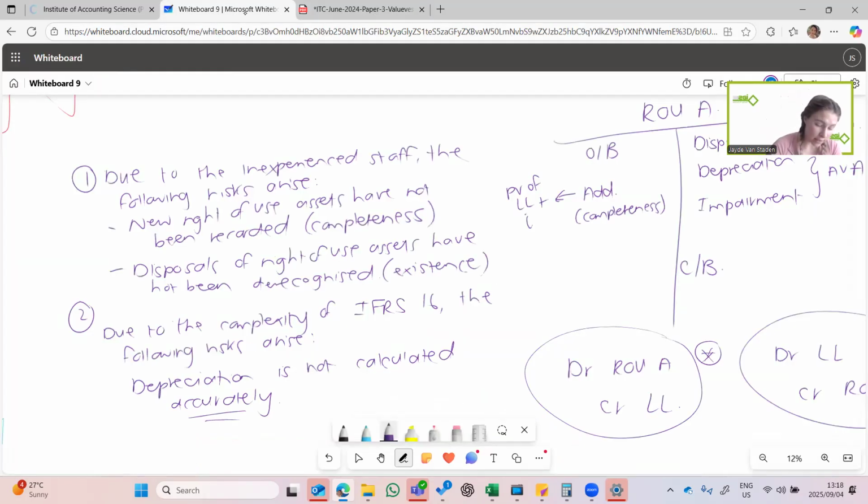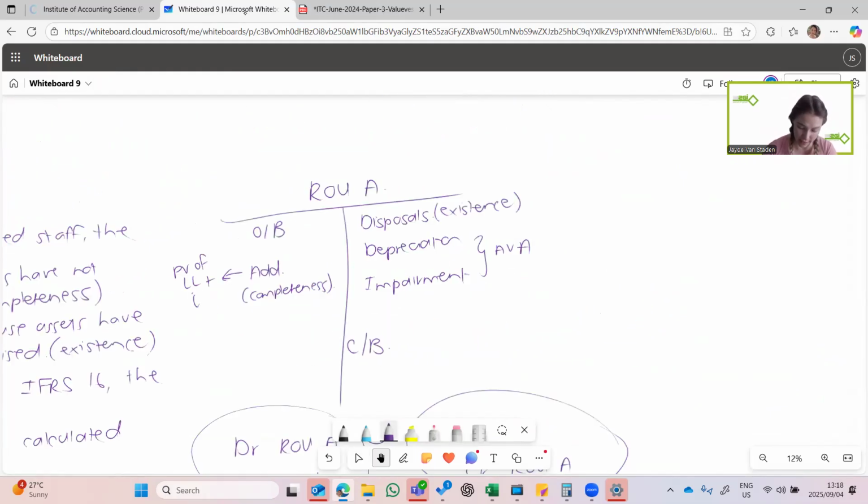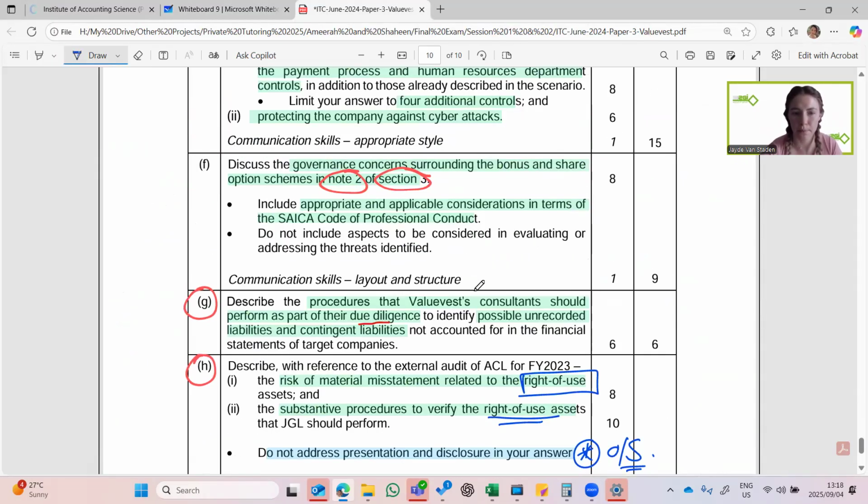Now let's talk about substantive procedures. And again, we are going to use this very lovely T account. Okay, so with substantive procedures, in this specific case, if we go back down to the required, we just need to remind ourselves of what it's asking.